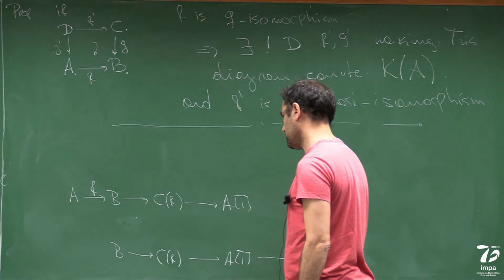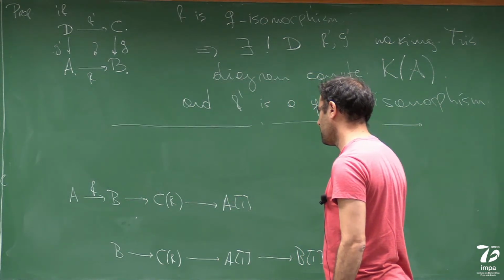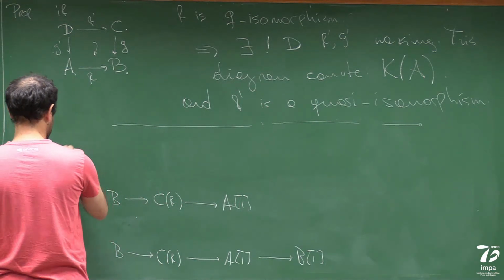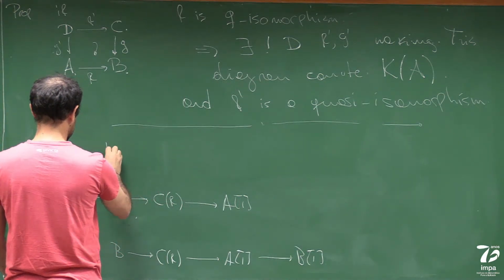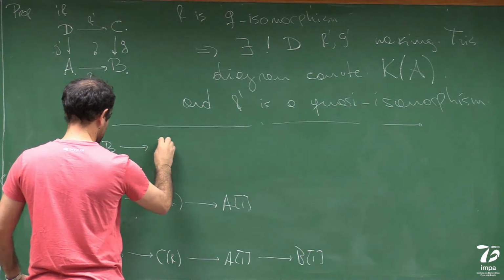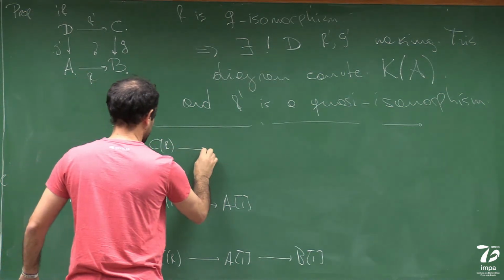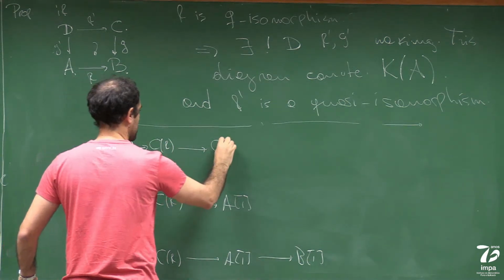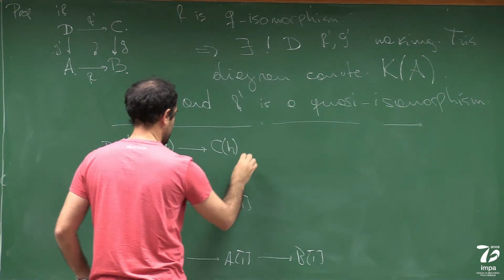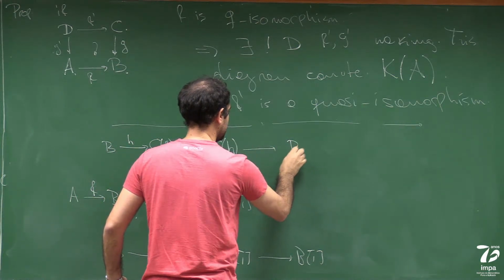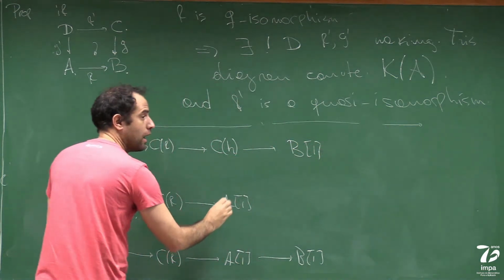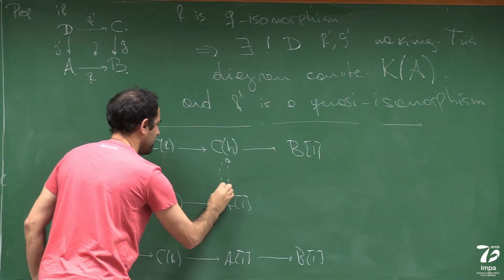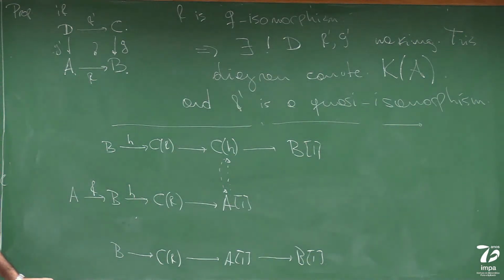What I had out of that diagram, so perhaps I should need a different board, but what I have is from B to the cone of F to the cone. So if this is H to the cone of H shifted by 1, and this was invertible, so I had an inverse here in the homotopy category.